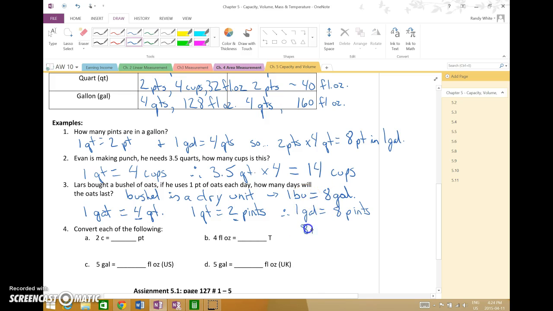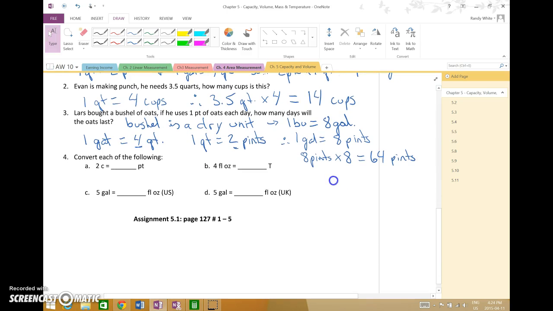So I'm going to take my 8 pints, times it by 8, because there's 8 gallons within a bushel. So it's going to be 64 pints. So 1 bushel of oats will last 64 days, giving out 1 pint per day. So these are tough, so they're going to take some practice. Please don't ignore these ones, because it's just going to come back and it is really going to cause you some grief if you don't practice these little skills here.